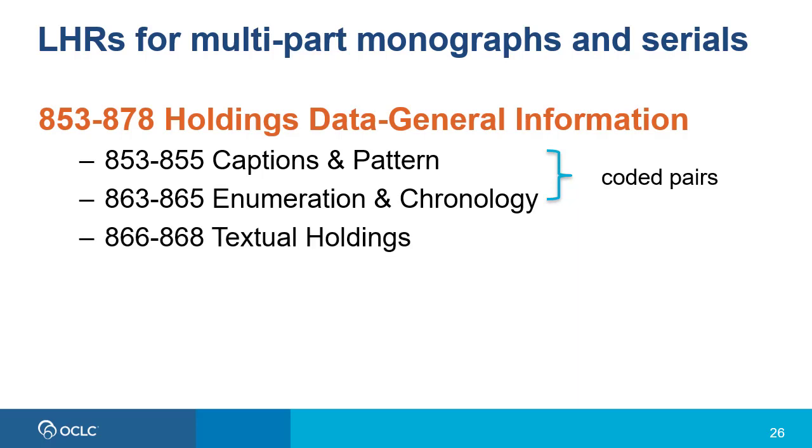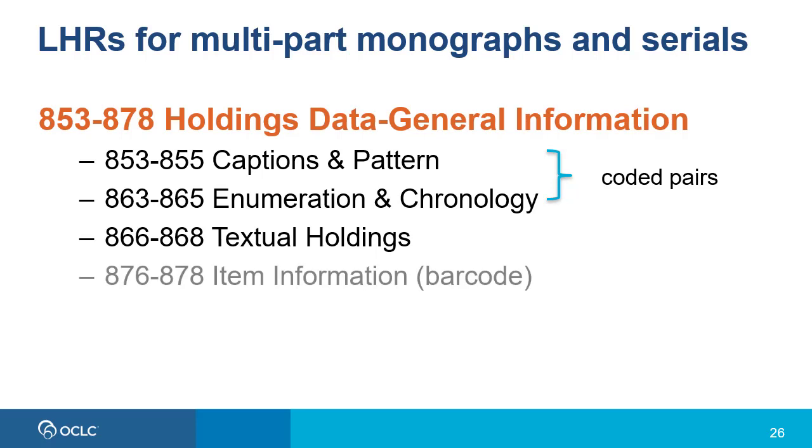Textual holdings can be used for multi-parts and serials as an alternative to the coded pairs, and these would be in 866 to 868. And finally, item information or barcodes, if applicable, are added in 876, 877, or 878 for OCLC WMS libraries.